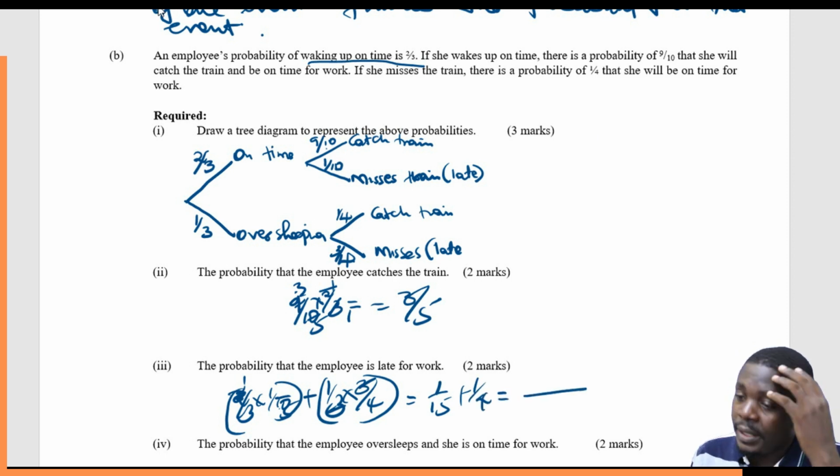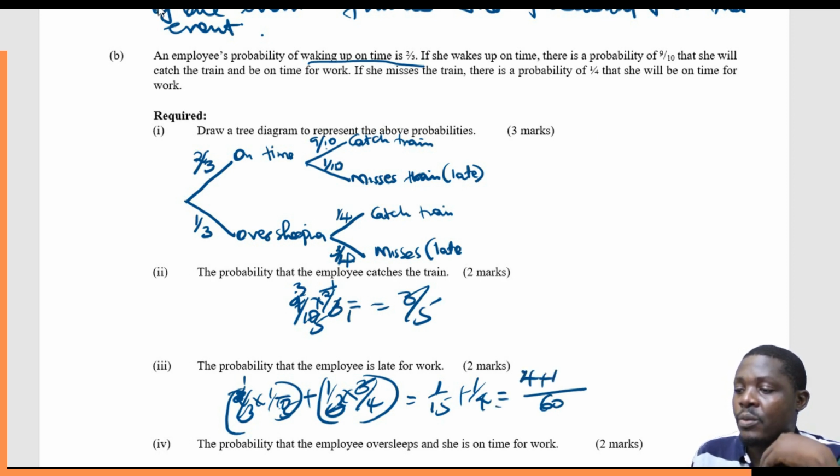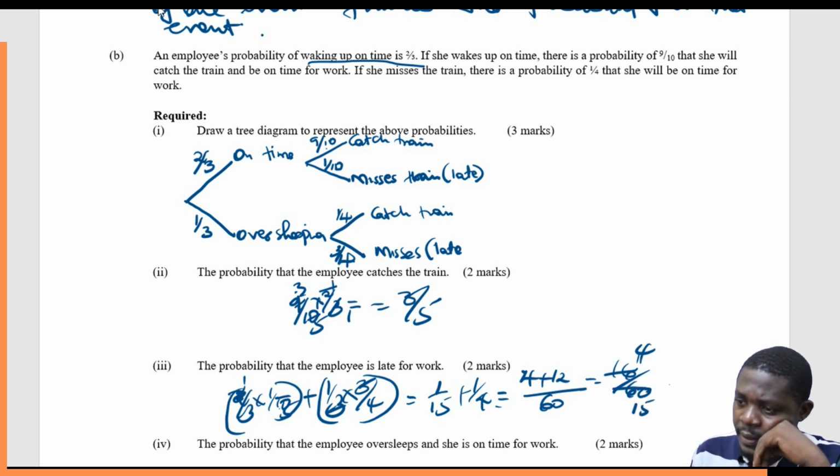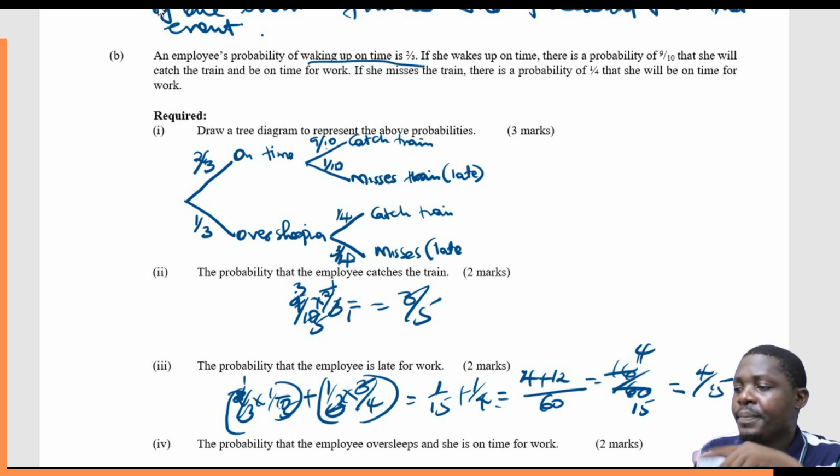The common denominator should be 60. That is 4 plus 12, we have 16 over 60, which is 4 over 15.